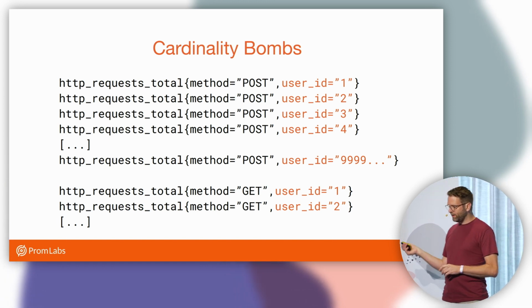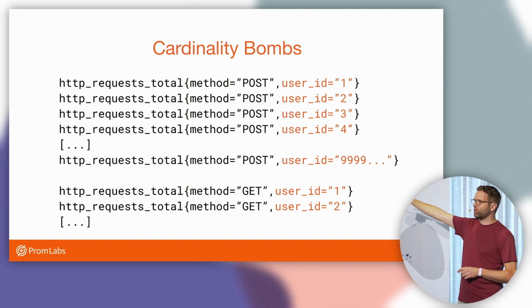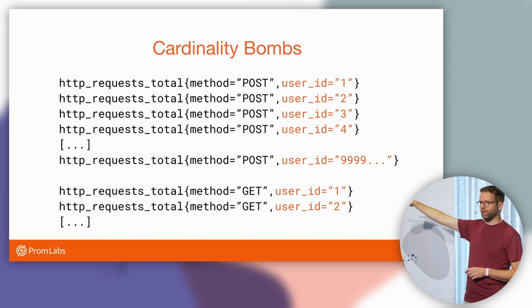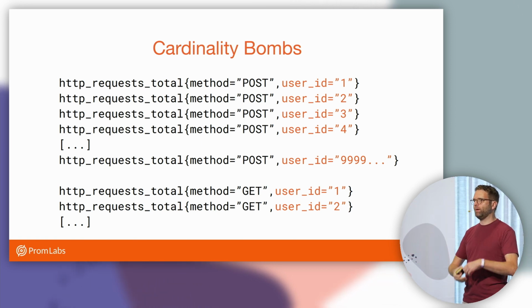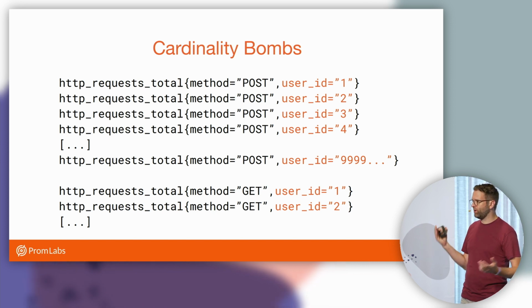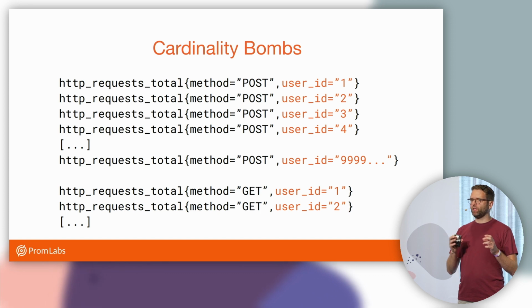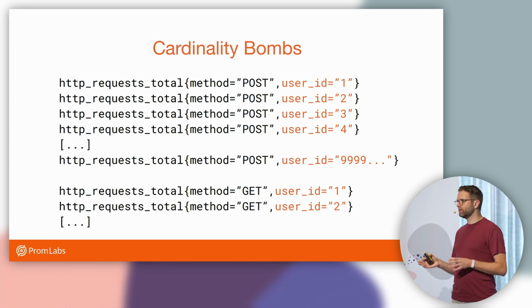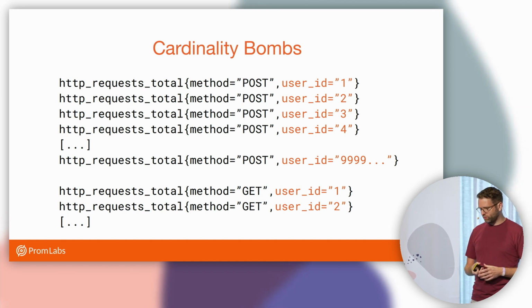And not only that, each user ID gets combined with every method, so it's multiplicative, right? So you have 1 million users times 4 different methods. You have already 4 million time series now, because every unique set of labels creates one unique time series that the Prometheus server needs to index and track.